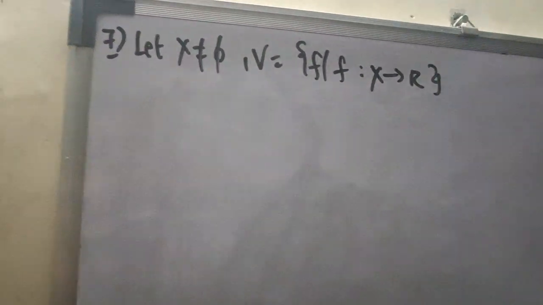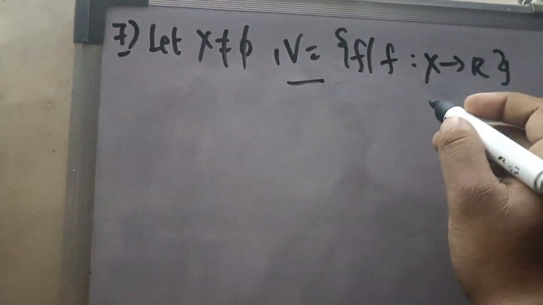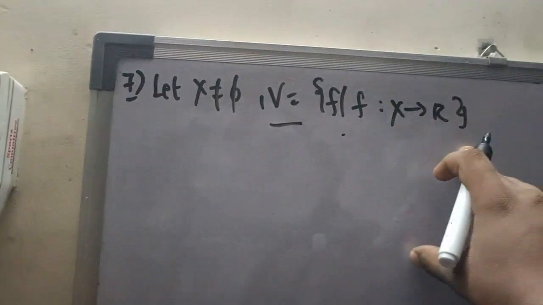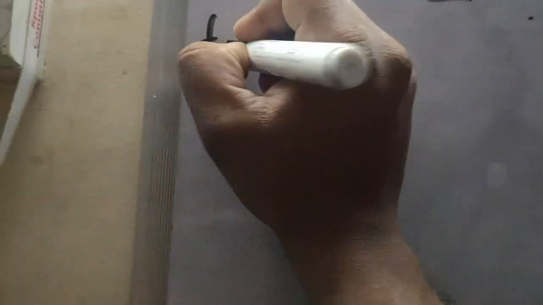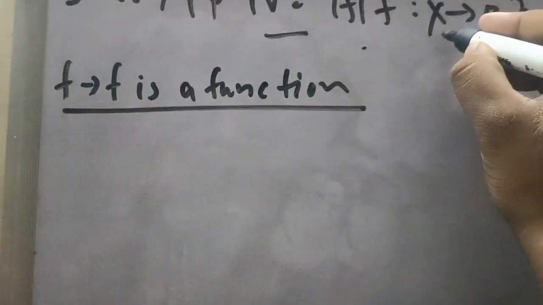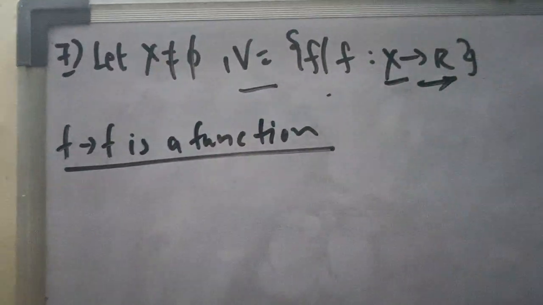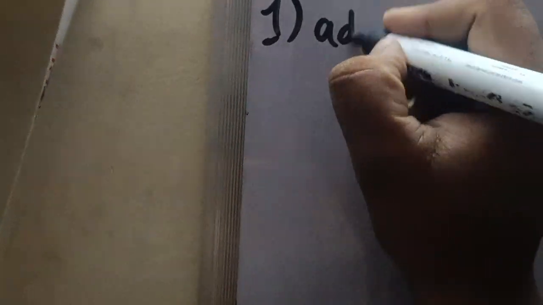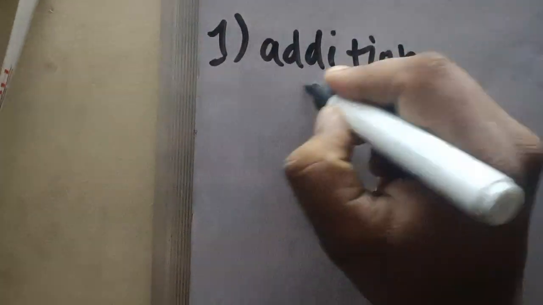Okay, so the next question is: X is a non-empty set and the condition is V belongs to F, where F is a function which takes input from X and gives R as output. So first of all, F here is a function which takes values from X to R. To check the addition condition, what we're going to do is take two similar functions.